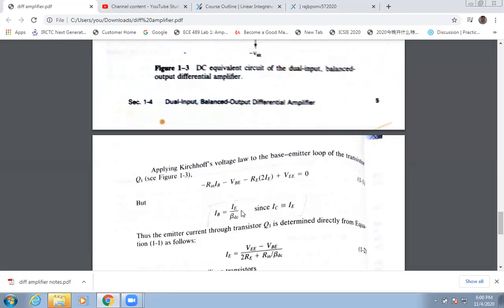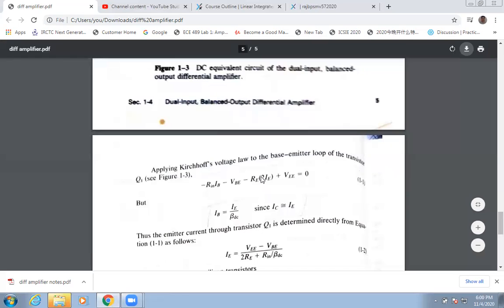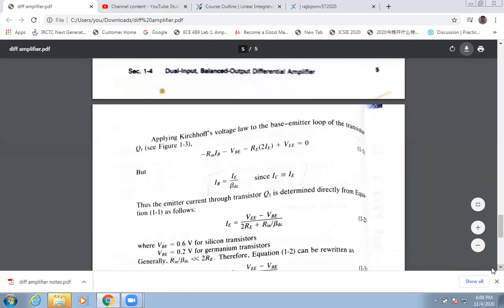But since IB is equal to IE divided by beta DC, where beta DC is the current amplification factor, and IC is approximately equal to IE, the emitter current through the transistor Q1 is determined directly from equation 1.1 and is obtained as IE is equal to VEE minus VBE divided by twice RE plus Rin divided by beta DC, where base emitter voltage is equal to 0.6 for silicon transistor and 0.2 volt for germanium transistor.